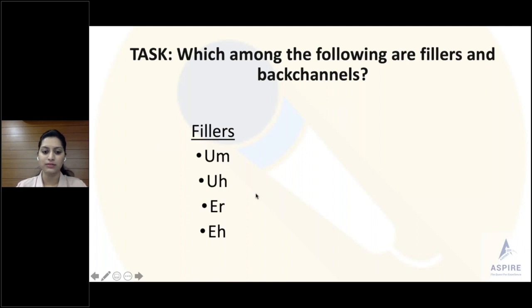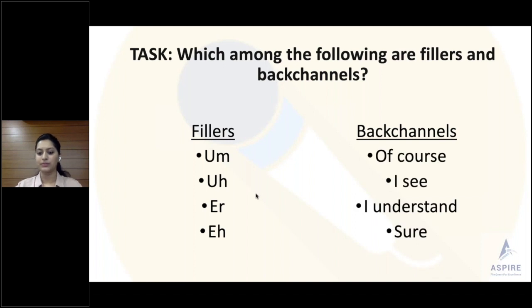As I said, the fillers are all these sounds and the tiny little words that you use to fill in gaps. And these are the back channels, just to keep the talk engaged and to keep it going.